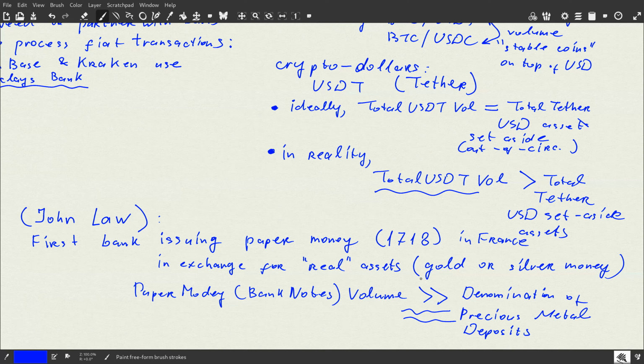is normal. It is not a fraud. It is not something illegal. It is completely normal and useful for the economy in general, because the probability that all paper money or USDT holders, for the sake of the argument, would immediately claim the corresponding precious metal or USD at once is very, very, very, very low.